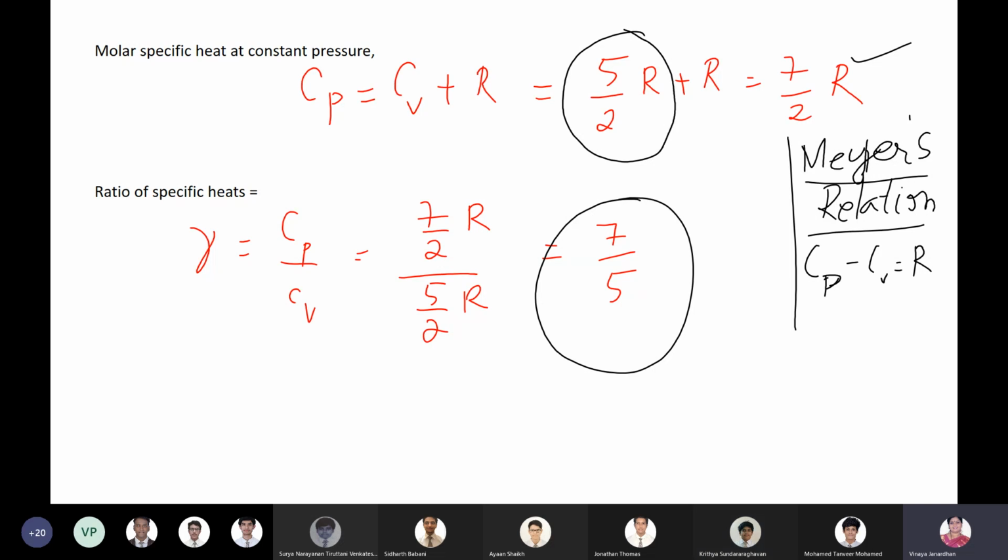And if it is a molecule like water, it will have 6 degrees of freedom. Yes, ma'am. But the ratio is 4 by 3, right? If I'm not wrong. Okay, we'll do that. It will be 9 by 7.